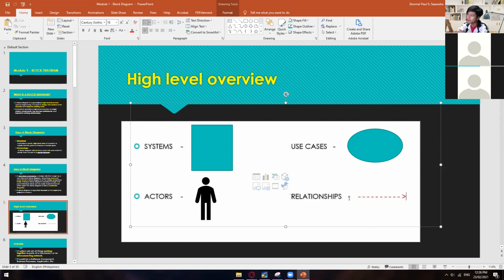For now, let's just say that relationships connect one system to another system, or one component to another component. We have this format for relationships, we even have a solid line, and we even have the opposite of this one, going from right to left. This one is left to right.